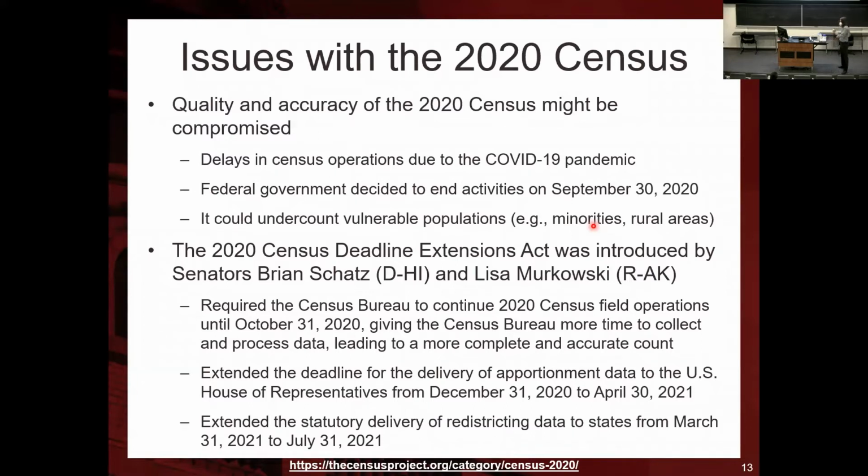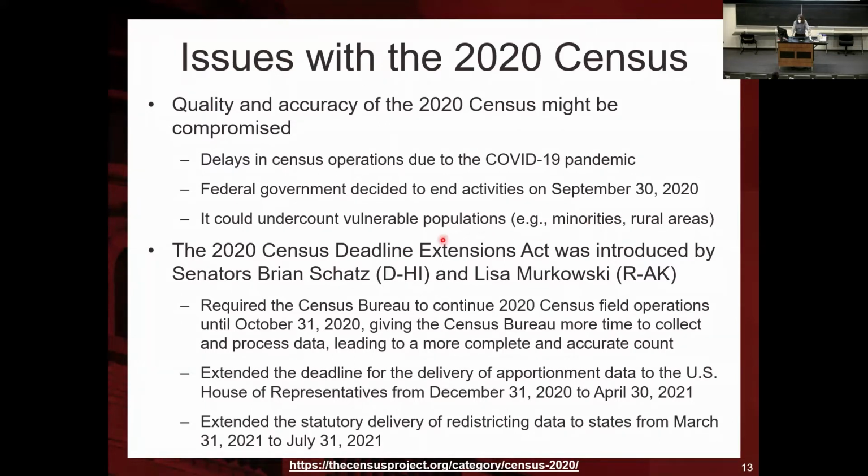So that was the previous federal administration, the Trump administration. Whenever I say previous federal administration, I'm talking about the Trump administration. They were pushing for the Census Bureau to stop the census quickly, but that would undercount exactly those vulnerable populations.